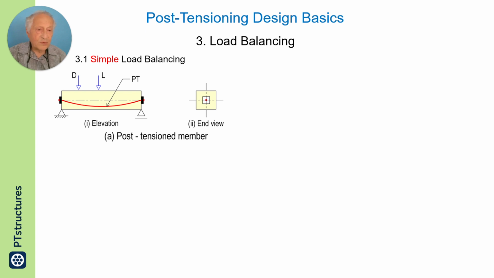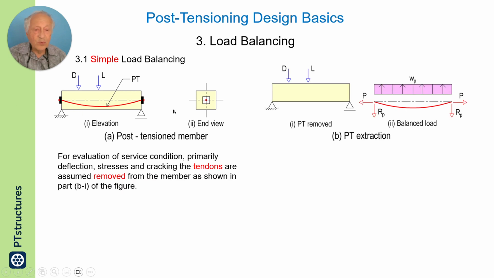Now let us start with simple load balancing. In simple load balancing, if you have a post-tension member as shown here, you assume that the tendon is taken out of the member as shown on the right, and obviously it has its forces which keep the tendon in equilibrium.